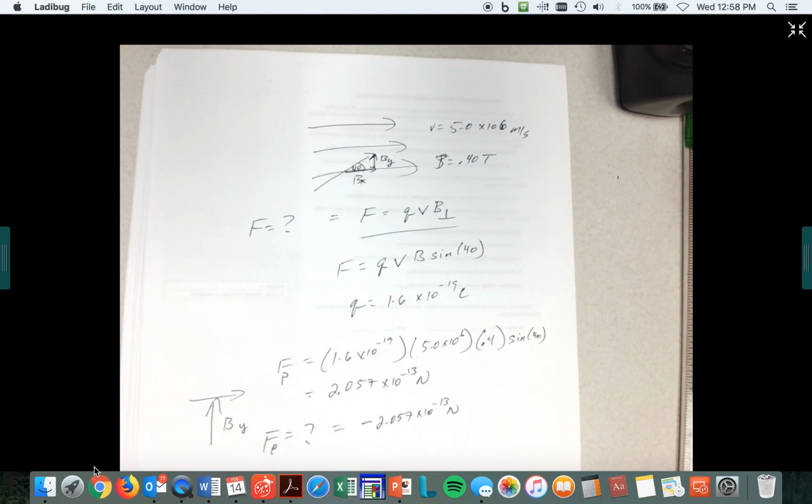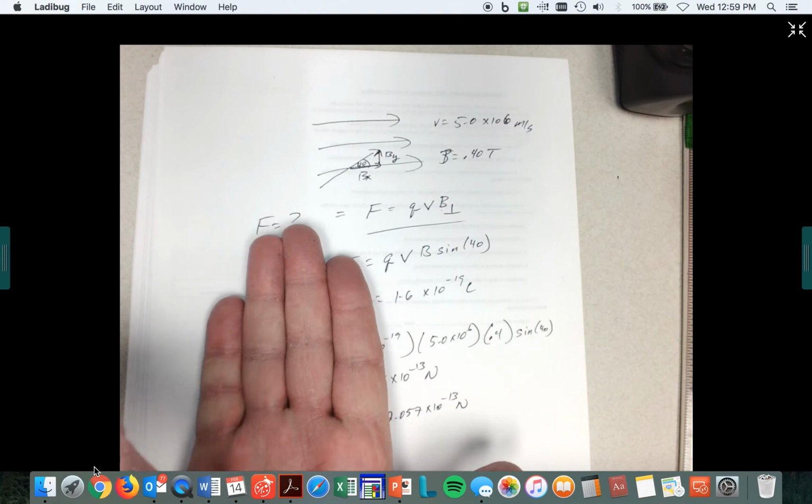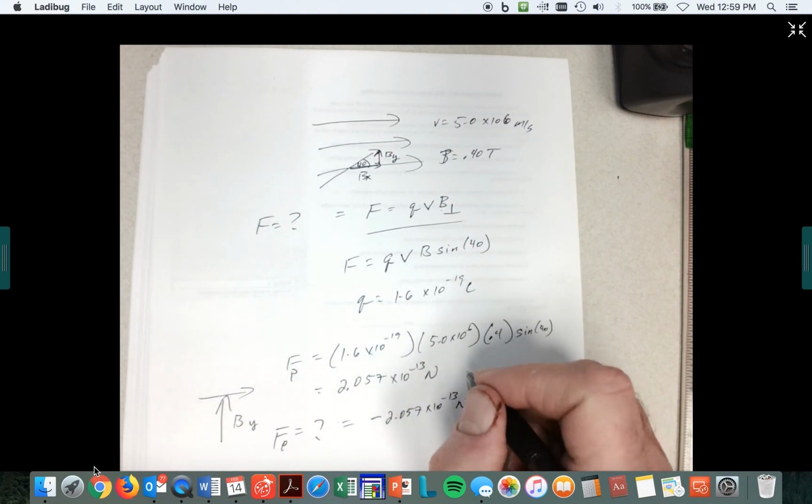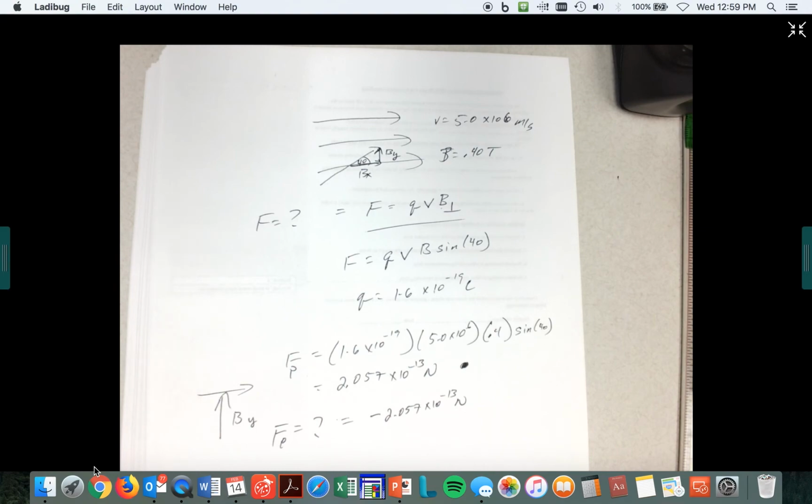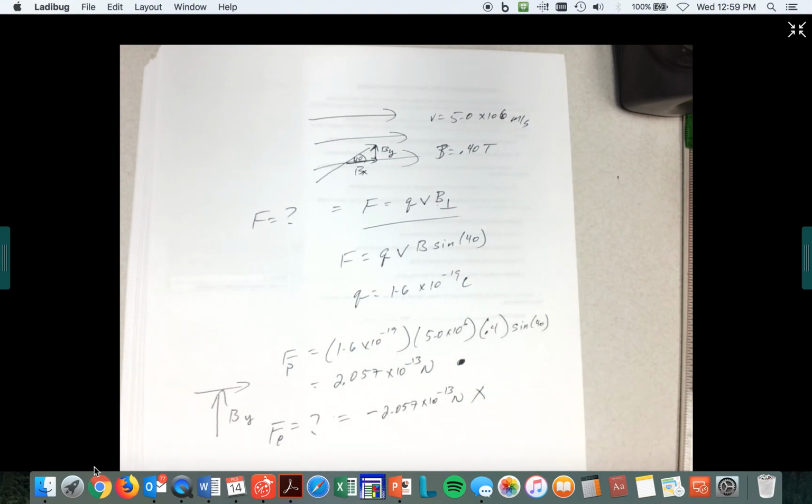What's the direction? Right-hand rule. Fingers in the direction of this, going this way. It's coming up out of the page at us. That's the direction, it's coming at us. This one, for the electron, would be going into the page.